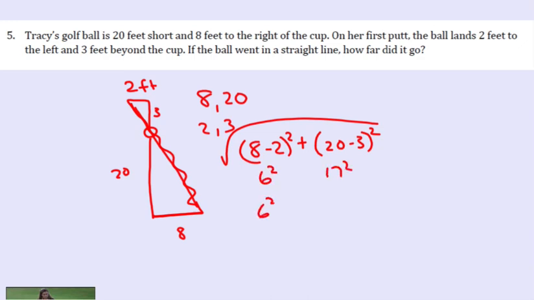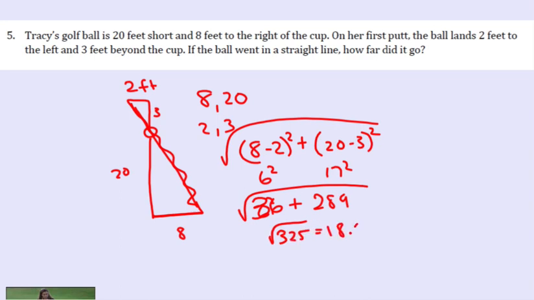So 6 squared is going to be 36. 17 squared is going to be 289. So when I square root that, I get approximately 18.0278. There's my answer.